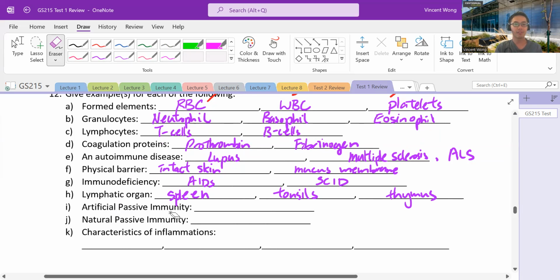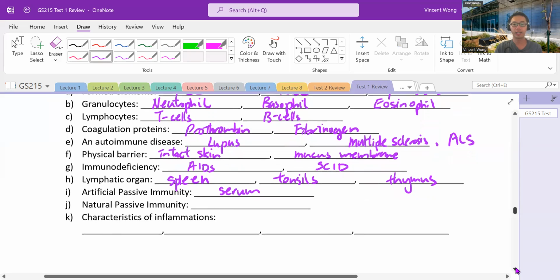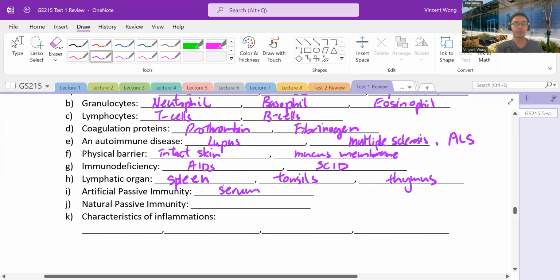Artificial passive immunity. An example would be serum. I remember that question about Joffrey getting bit by a snake, and then he would need a serum at the hospital, right? Me getting bit by a dog, I also needed serum at the doctor's office. Natural passive immunity, that would be breastfeeding.